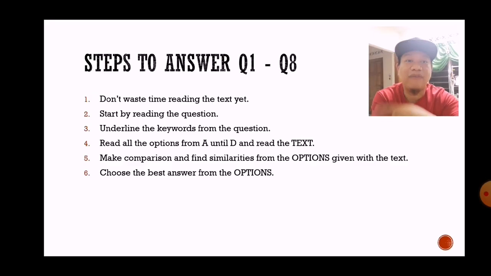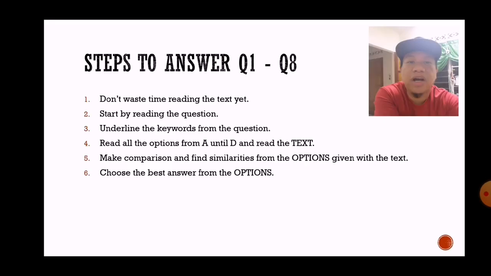Remember, after you read the options, only then you read the text. This is to avoid confusion, kekeliruan. Sometimes all the options given are more or less the same. That is why students easily get confused with the options from A until D. Okay, next we move on to step number 5.